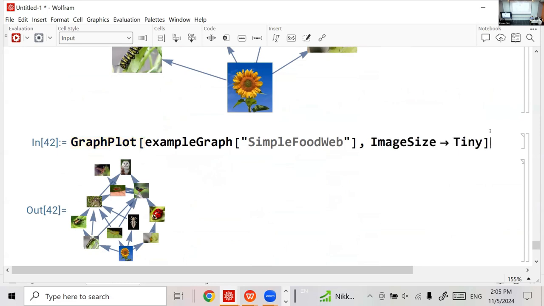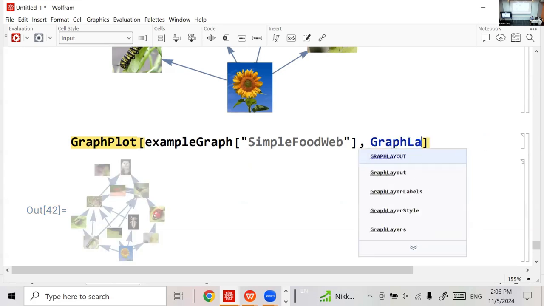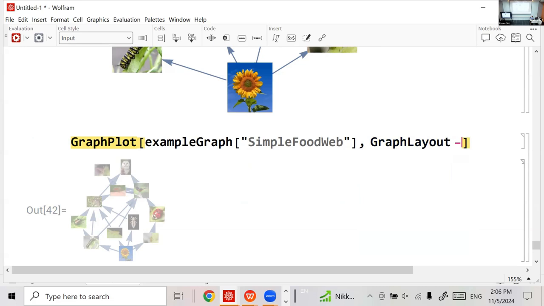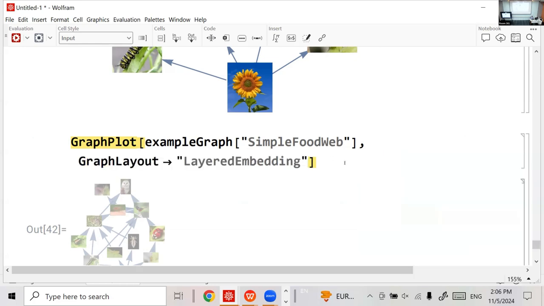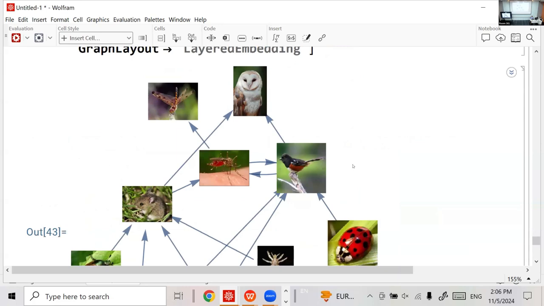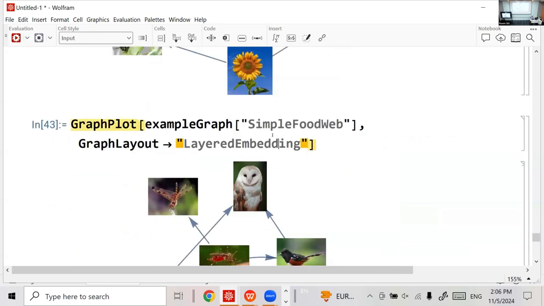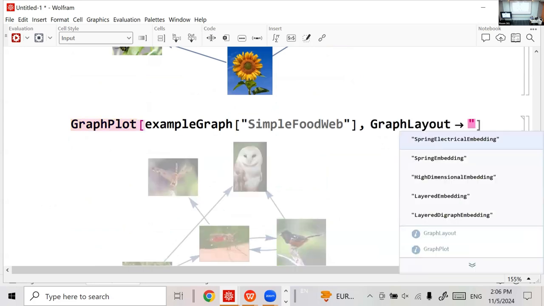So this is called graph layout. Now you're going to get a lot of suggestions. So let's go to layered embedding. Okay. In fact, this hasn't changed because by default, maybe for this case, it was layered embedding.